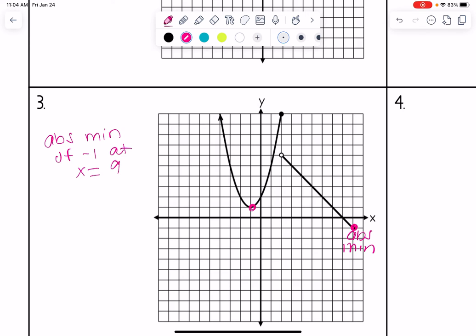We also have this one at x equals -1, and that y value is 1. So we have a relative minimum of 1 at x equals -1. This graph does not have any maximum that we can identify. We do not have an absolute maximum because we see this arrow over here. That's telling us that we are going up to infinity, so we cannot find the highest value of this function.